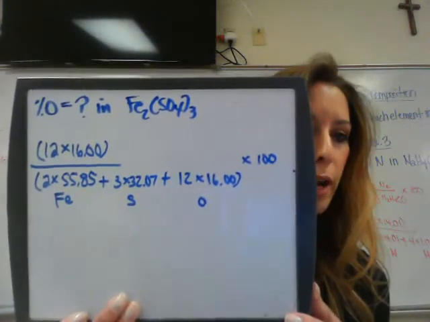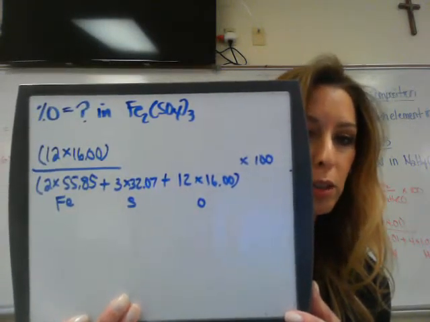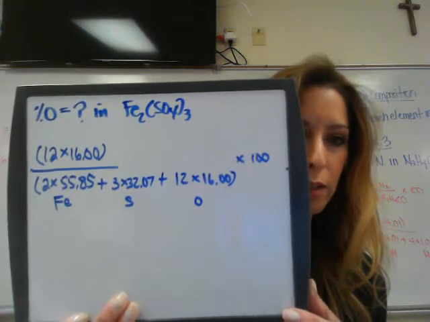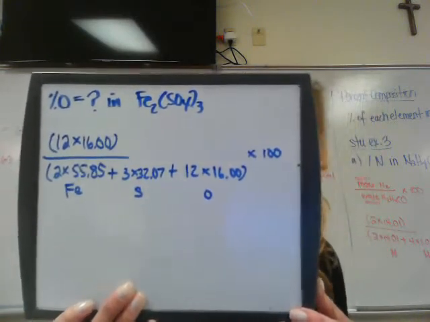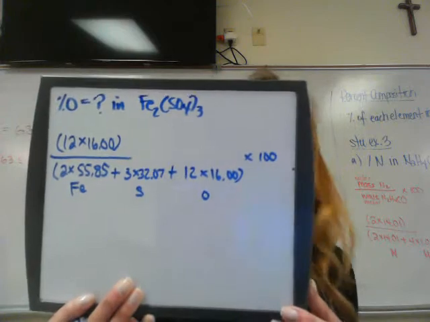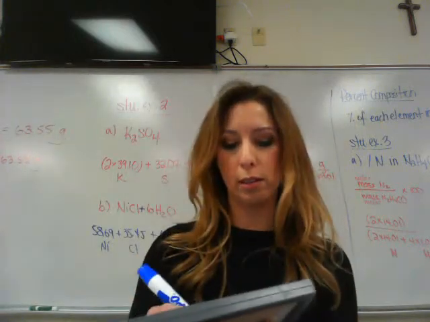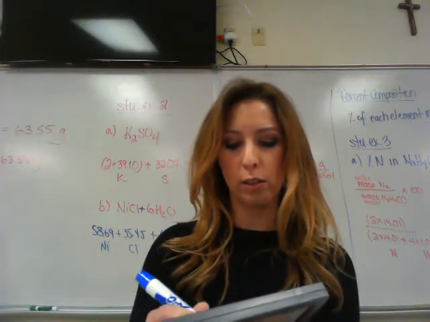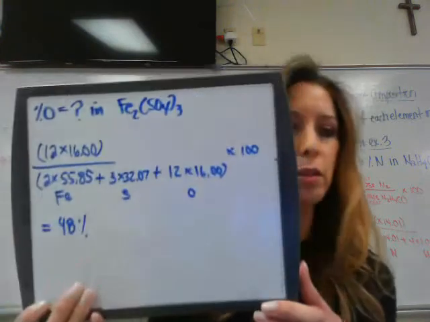And these are all molar masses from the periodic table rounded to the hundredths place, which is 2 places past the decimal. Okay, when you put all this in your calculator, you're going to end up getting 48% oxygen for your answer. Okay.